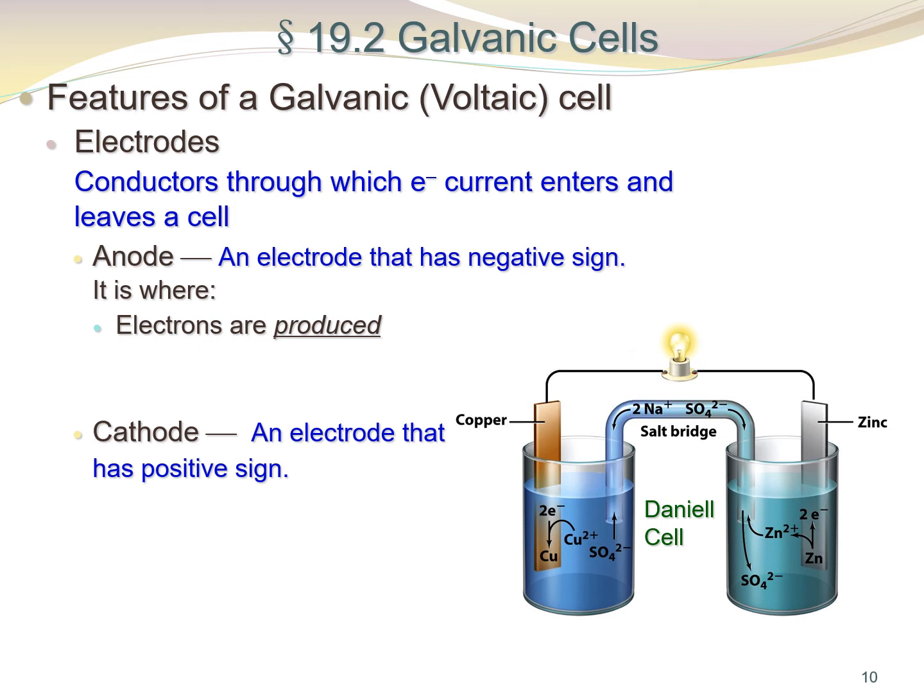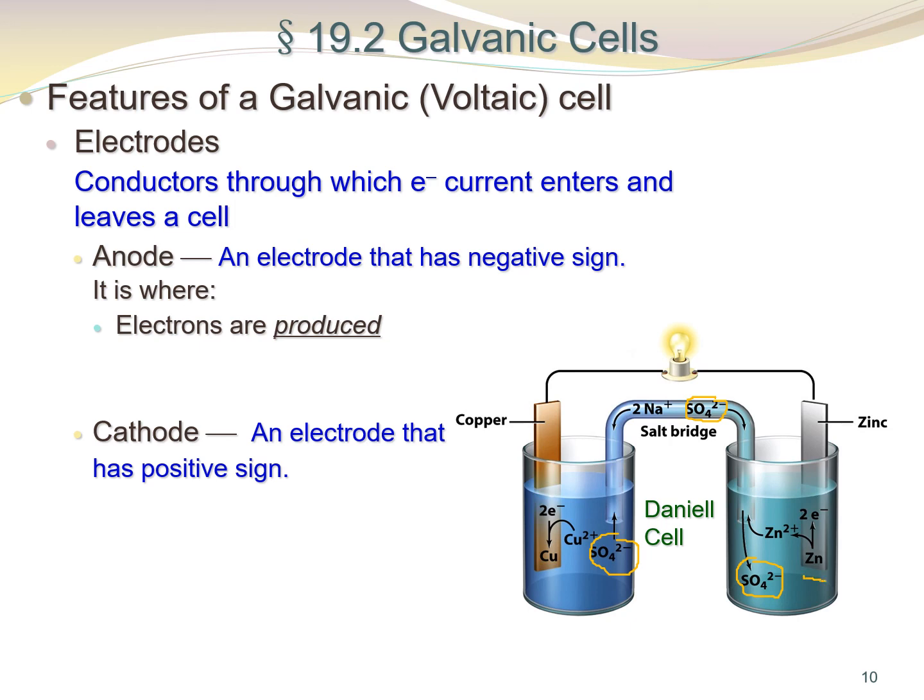For the oxidation reaction in this setup, we realize we've got sulfate, sulfate, sulfate everywhere. That means sulfate is actually a spectator ion. We do not have to consider sulfate in this chemical reaction. Now let's look at this.